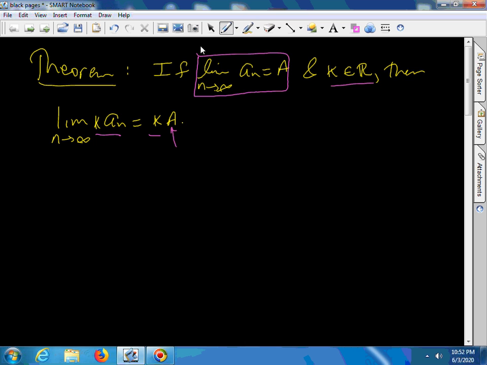Remember, another way of writing a is the limit of a sub n, so I wrote k times the other way of writing a. So basically, the k comes out in front, and that is what we need to prove.